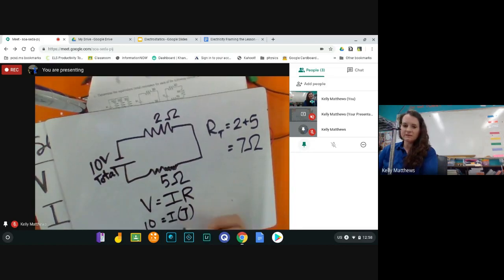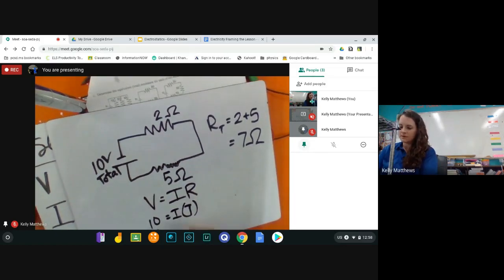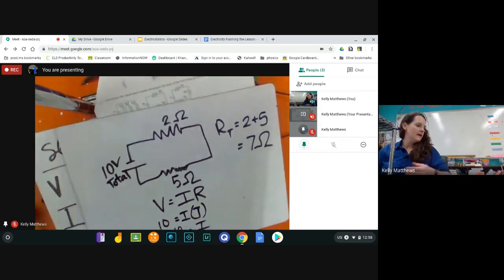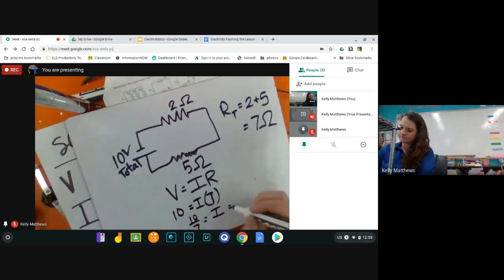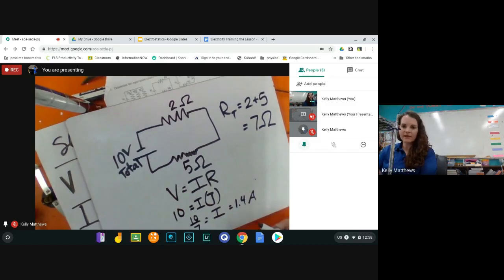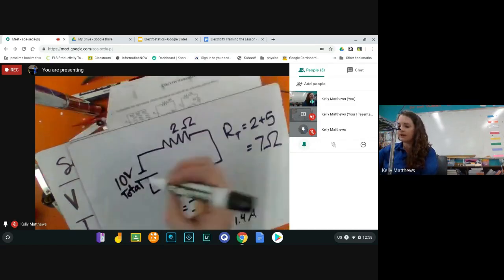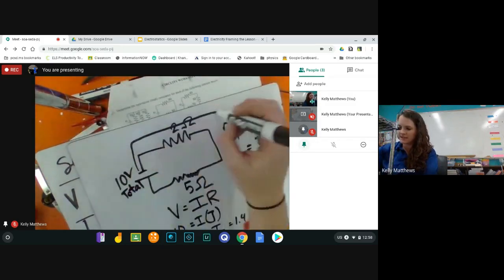And we can find the total current. And so we would divide. And if we wanted decimals, then about 1.4 amps.